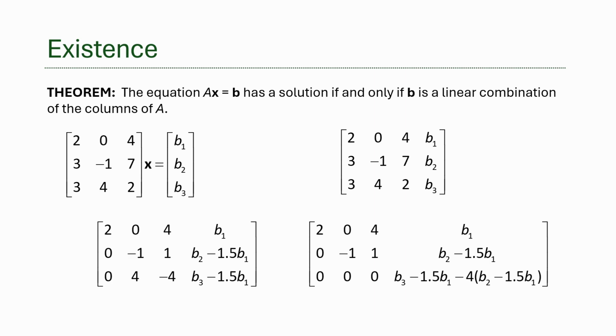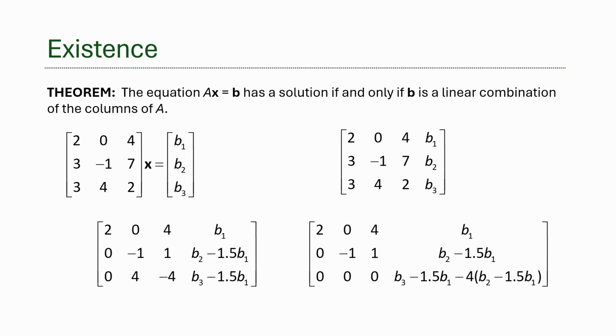So what does this tell me? In terms of our previous definitions, x3 is a free variable. And the only way this system of equations has a solution is if the expression at the bottom of column 4 is equal to 0, which it's not always going to be.